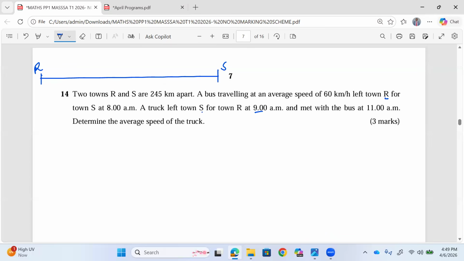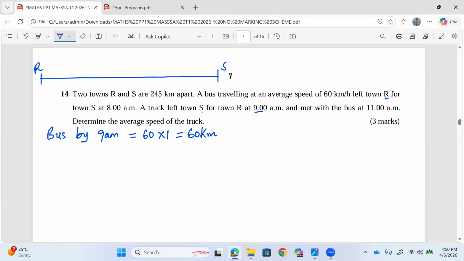You see, the bus started at 8 a.m., but the truck is starting at 9, meaning that before the truck left town S for R, the bus has already covered some distance. So the distance covered by the bus by 9 a.m. Distance is generally given by speed times time. Speed times 1 hour. It has been moving for 1 hour from 8 to 9, 60 kilometers.